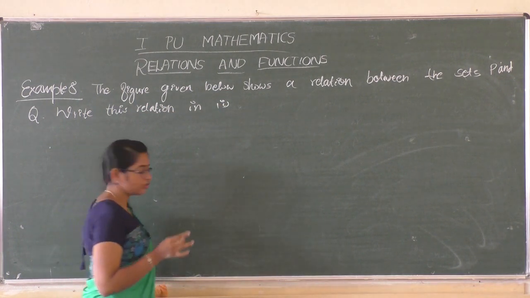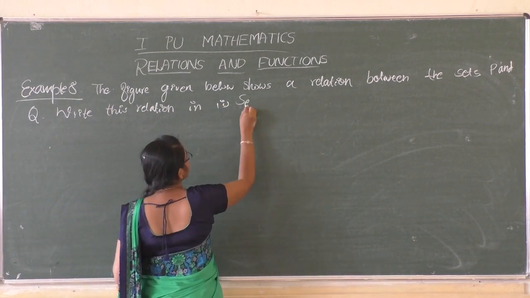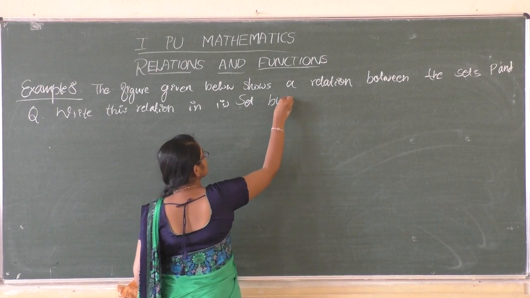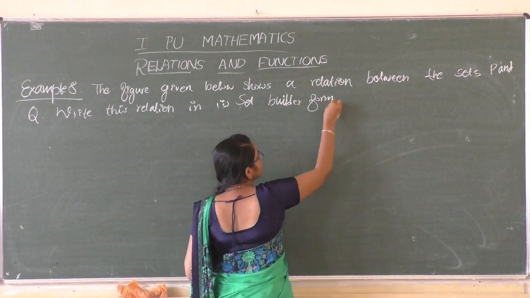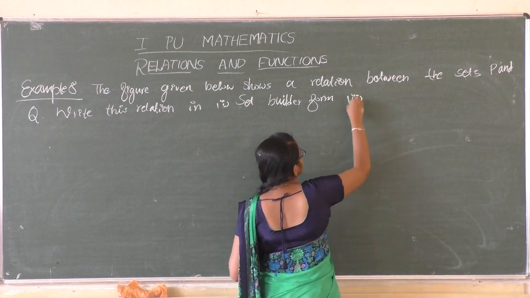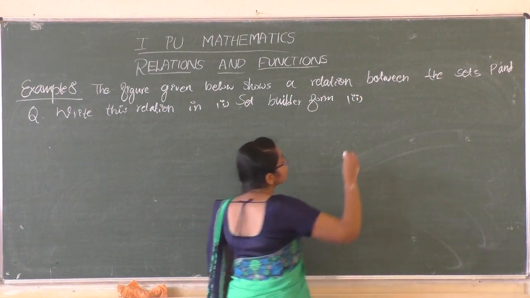We need to write the relation in two forms. One is set builder form, and another form is the roster form.